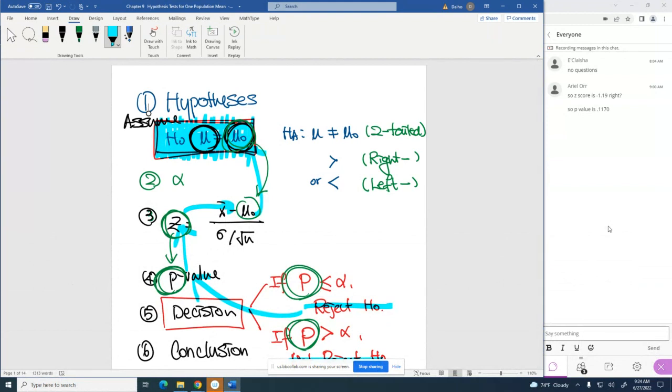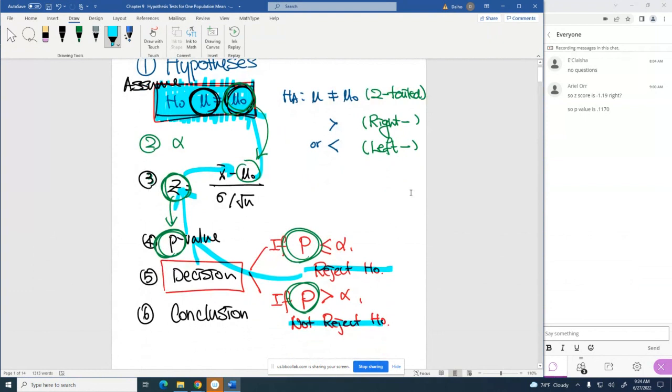In the decision, we don't care what the claim or the alternative hypothesis was. The decision is only for the null hypothesis.